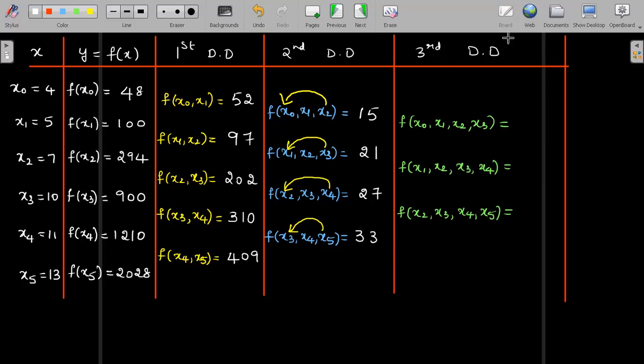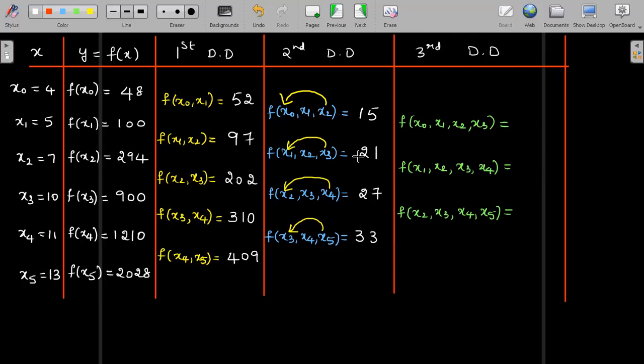And now, lastly, the third order divided differences. Of course, how do we understand it is the last column to exist in the table? If all the values in the last column are the same, we can stop doing the table. Or sometimes we might have to proceed until we get a single value in the last column. Now, how do we obtain third order divided differences?